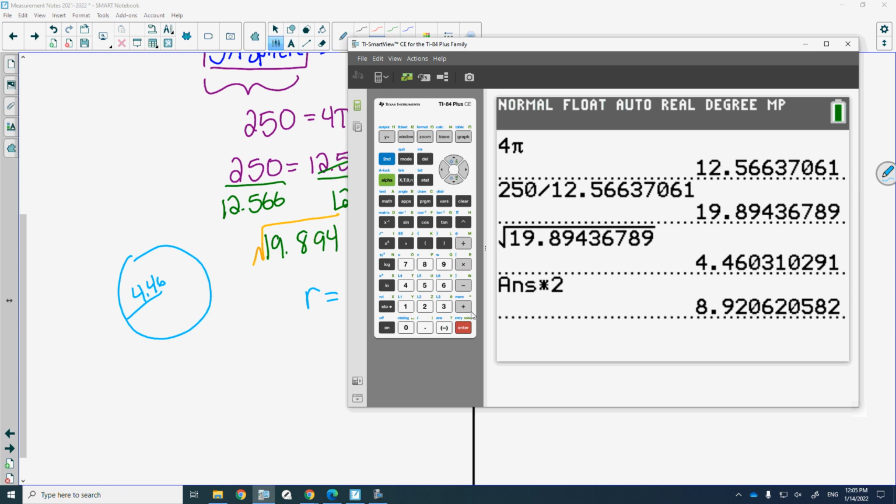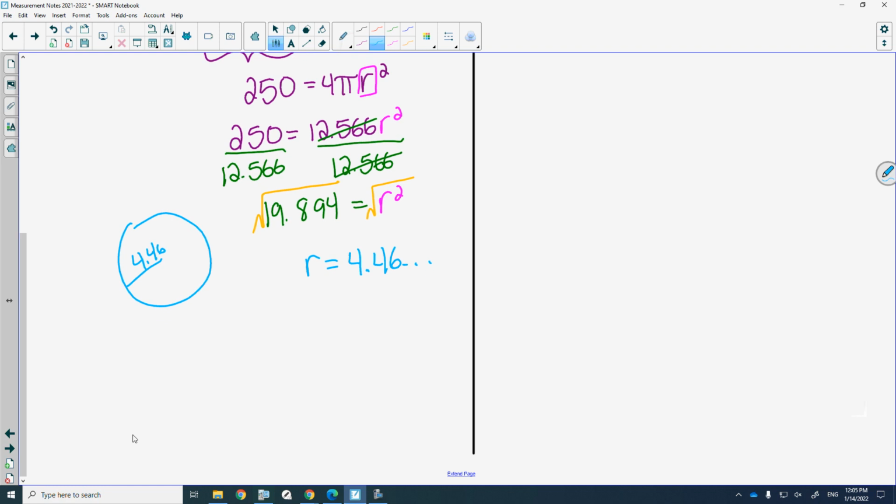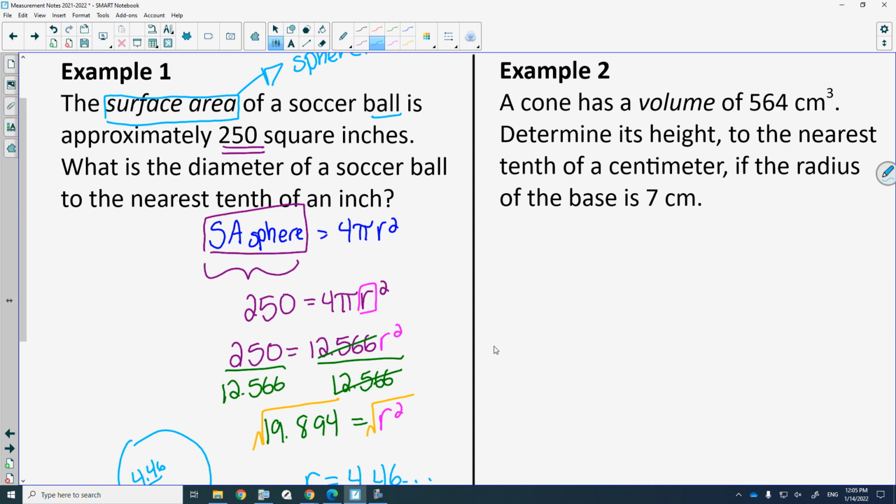To the nearest square inch. So, or sorry, to the nearest tenth of an inch. That would be 8.9. So diameter is equal to 8.9 inches. And remember, it wouldn't be squared because it's not an area. It wouldn't be cubed because it's not volume. It's just a measurement on the circle.